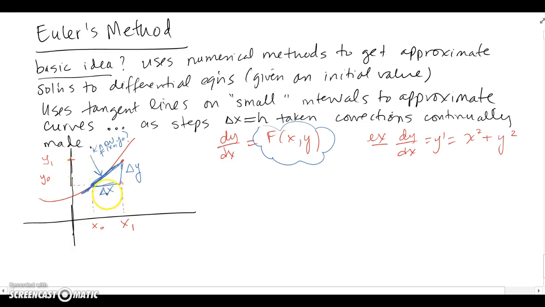So I know that this little delta y over delta x is approximately this slope that I'm going to get if I simply put x0, y0 into my differential equation. And multiplying both sides by delta x, I get that delta x times f of x0, y0 is approximately close to delta y.